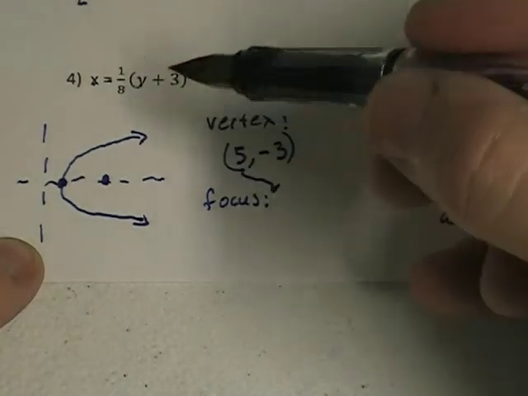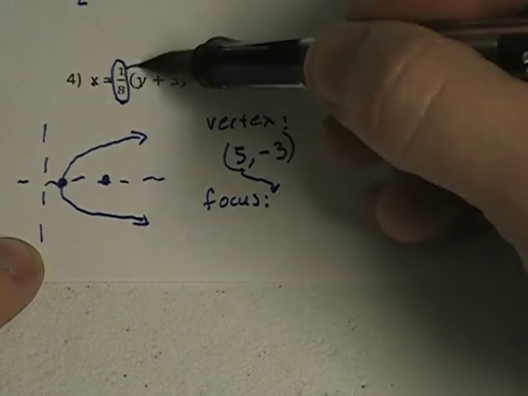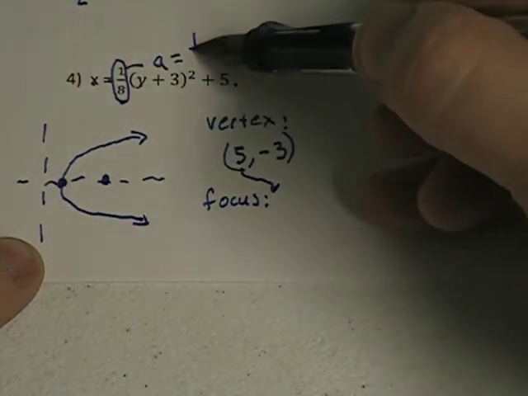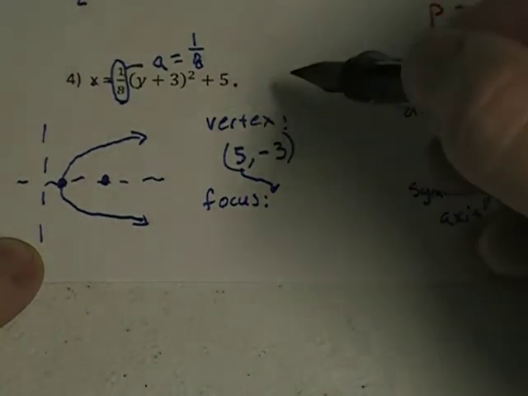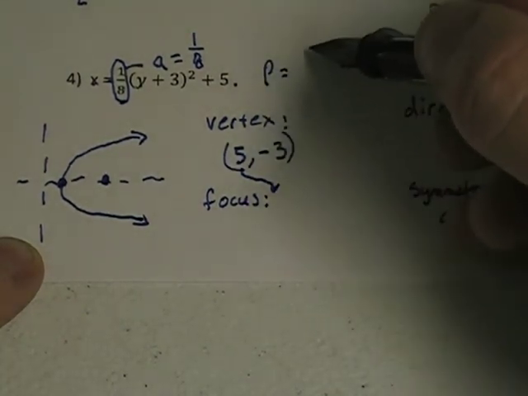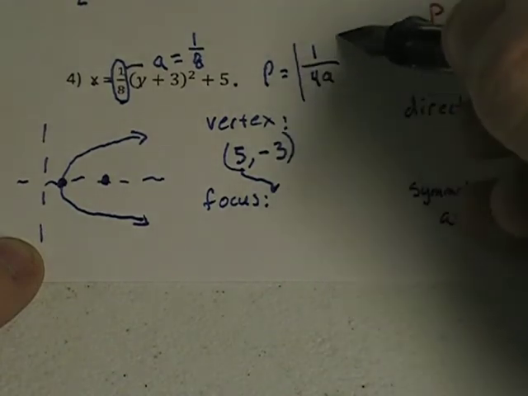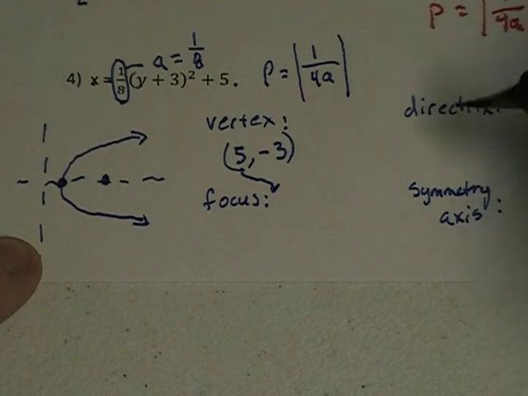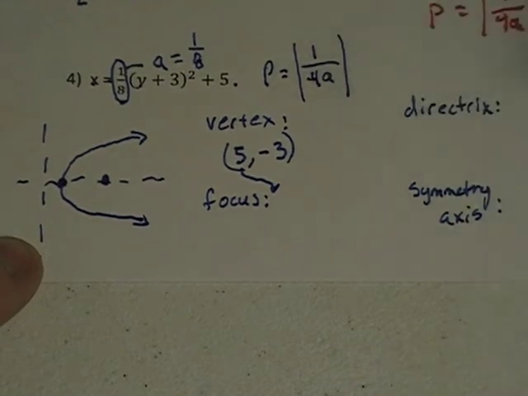Well, this here is A. A equals 1/8. Well, what's P equal to? P is equal to 1/4A. Well, 4 times 1/8 is 1/2.